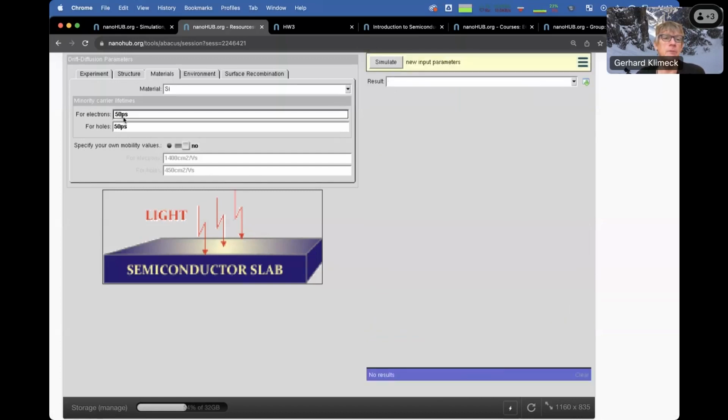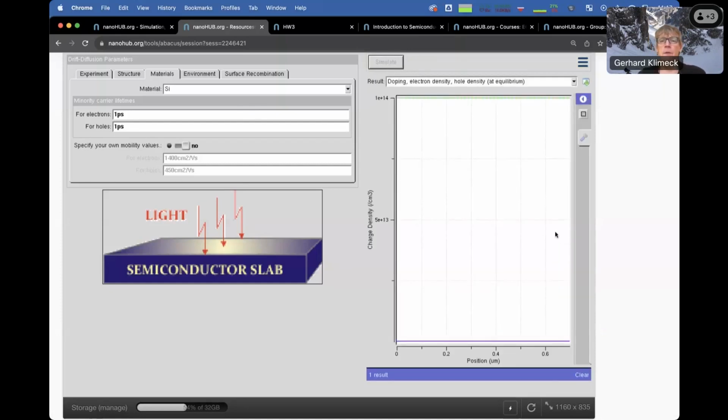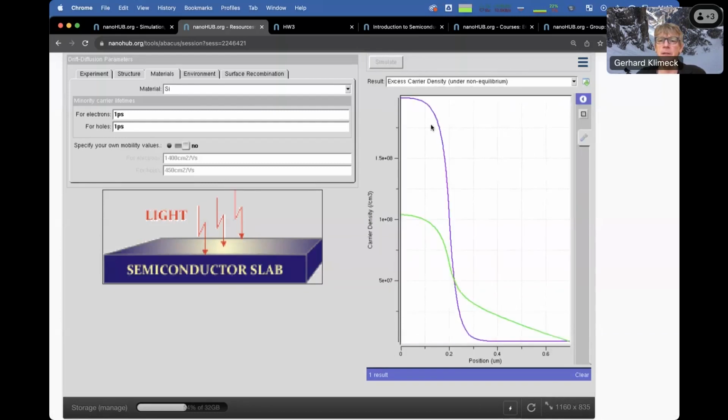I just cleared my results. I'm going to go back to a very short lifetime, which I should have set up in the first place. So here is my result, and I'm going to look at my excess carrier density. So here's the plot I wanted to show you with a decent resolution.